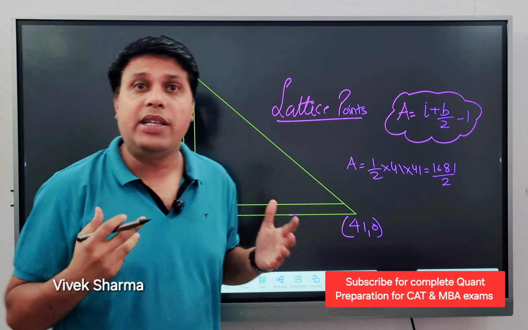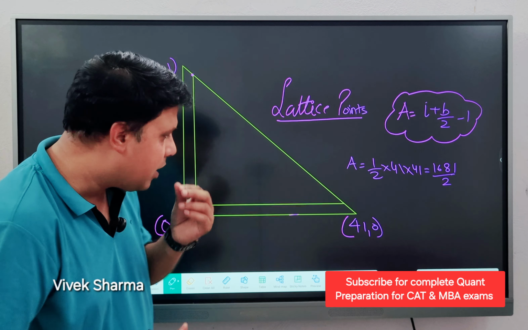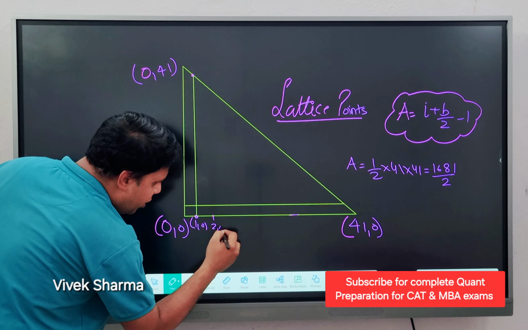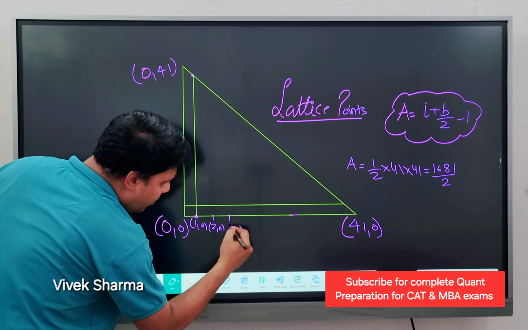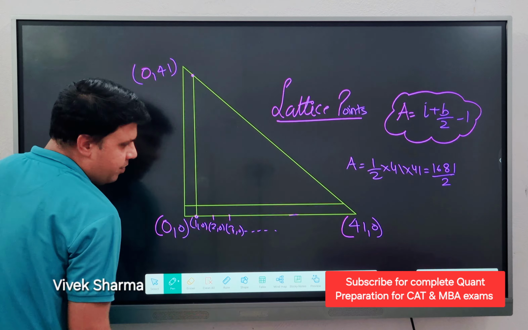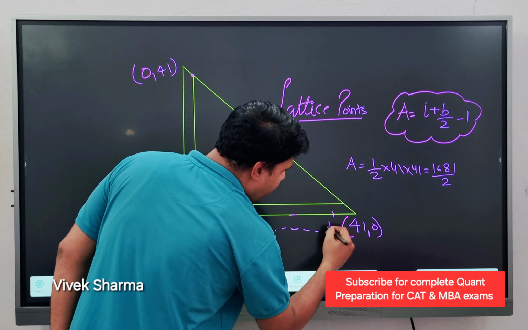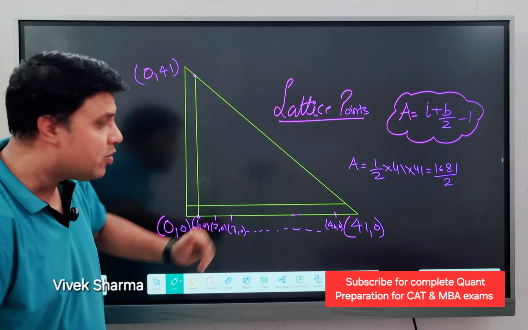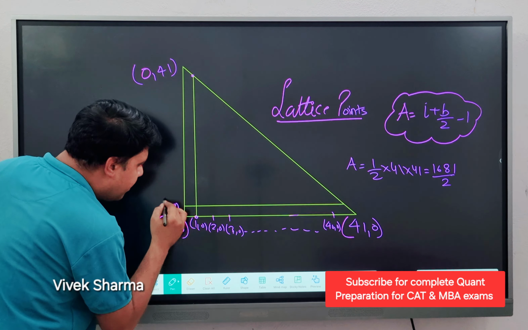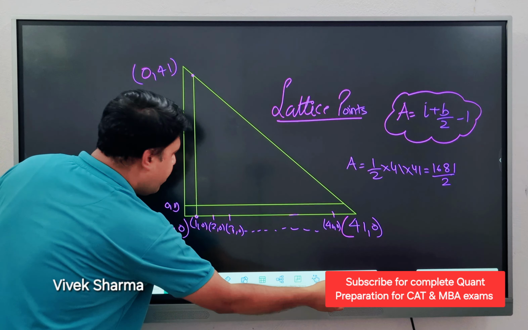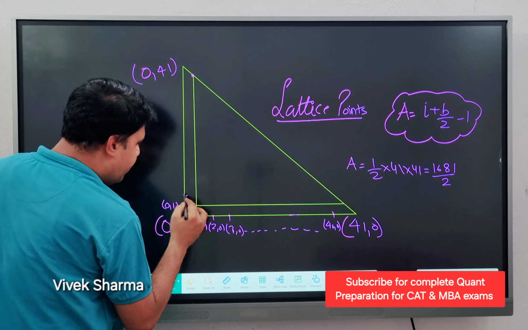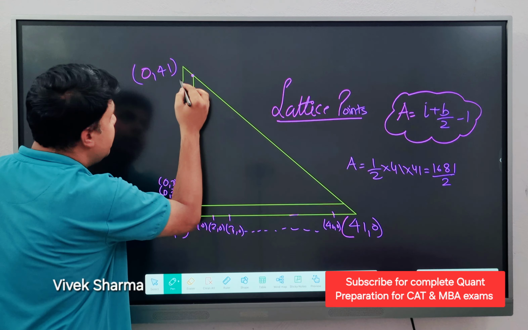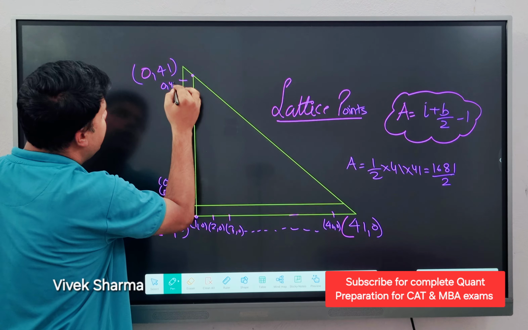If I start counting the boundary points, you can count them. This point is (1, 0), this is (2, 0), this is (3, 0), and so on, up to (40, 0). This is true for the y-axis also: (0, 1), (0, 2), (0, 3), and so on, up to (0, 40).